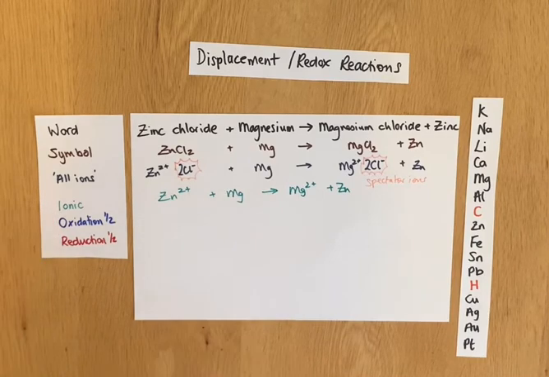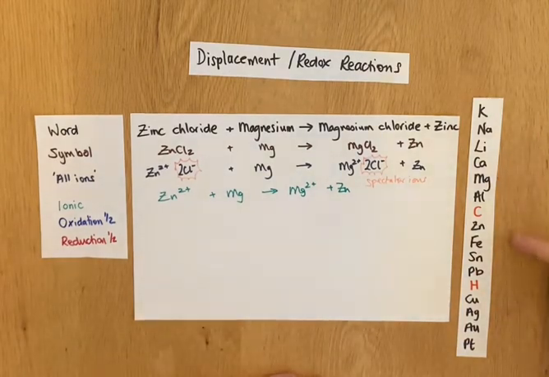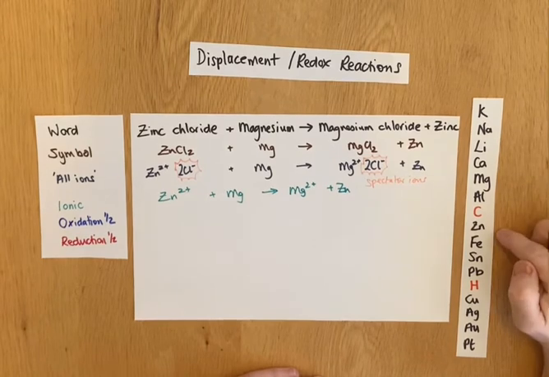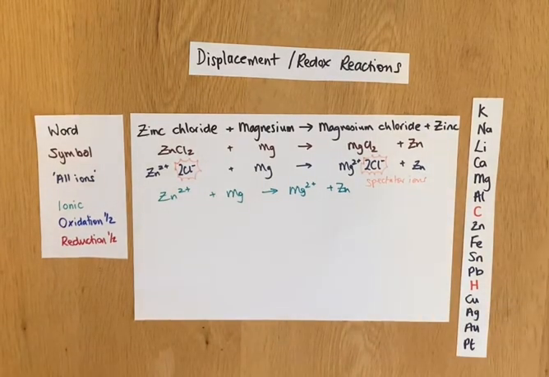Now then, oxidation and reduction half equations. If you remember my little rule, reduction lower down. Whichever element is lower down the reactivity series. So in this case, zinc is lower down, so zinc is going to be my reduction half equation.